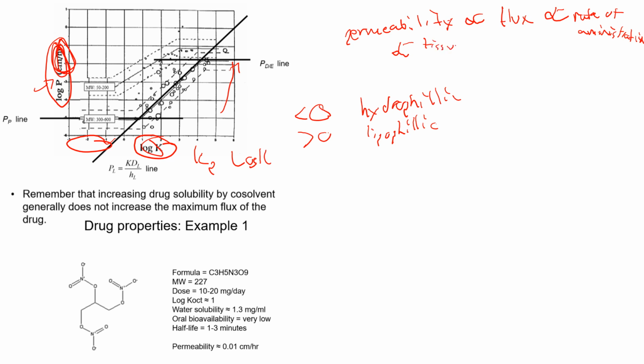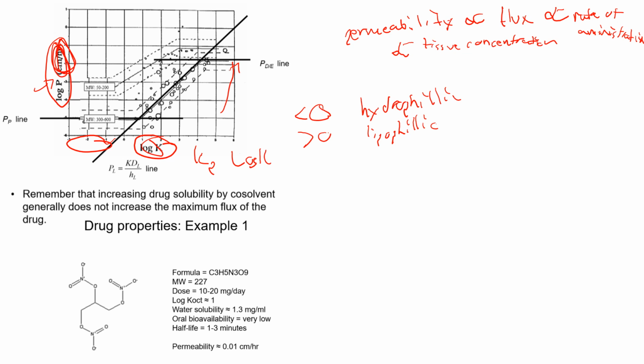Okay, there we go. So I took a few leaps there to get there. So log K is just solubility. We don't need to take any leaps there. A higher log P, a higher permeability, or log of permeability, will equal a higher tissue concentration, which makes sense, right? If something's more permeable, it's going to be in the tissues more.